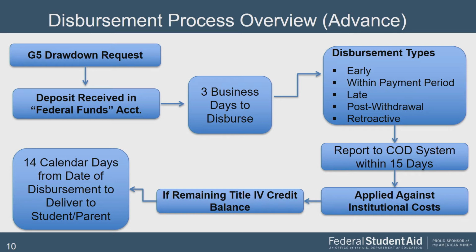You're reporting or substantiating your drawdowns in COD, which means that if the students were already in COD, you're going back to make sure that all of the records match up as far as dates are concerned. So you're substantiating the drawdowns from G5. You apply it against the institutional costs. Whatever's left over is a credit balance, which you are paying to the student within 14 calendar days.